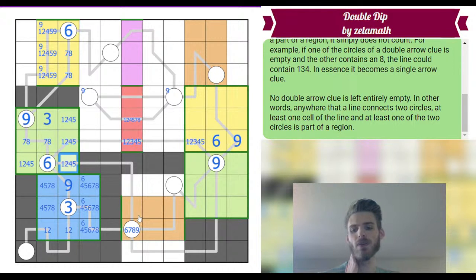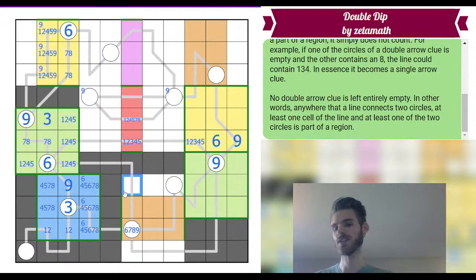This is pretty low. So if we did the minimum here, 6 and 6, this would have to be 8 or 7, if this cell wasn't in, that is.